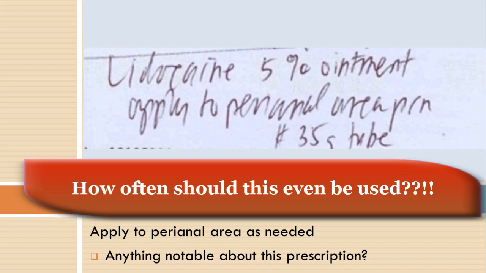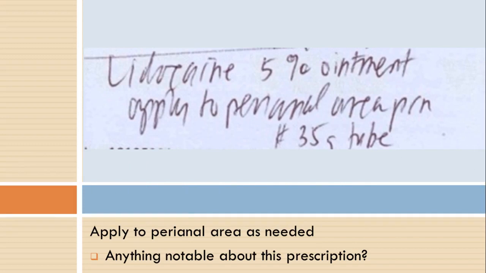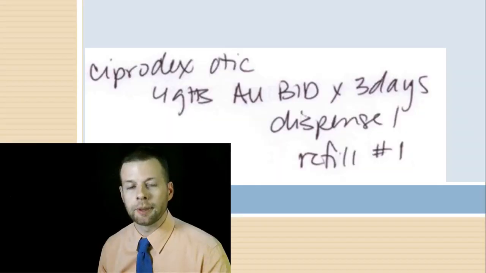How often is as needed? Maybe the patient thinks every 2 minutes is as needed, and they go through this entire 35-gram tube in an hour. That's too fast. So I, as the pharmacist, would want to see it say, apply to the perianal area 3 times a day as needed, something like that. You can call the doctor and get those directions. I can tell you this, insurance will want to see those directions. So that's what I think's missing from this one.